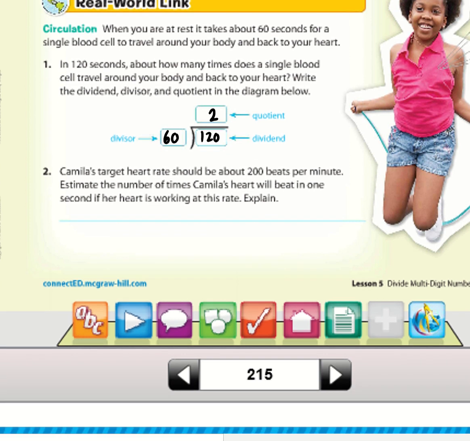Camila's target heart rate should be about 200 beats per minute. Estimate the number of times Camila's heart will beat in 1 second if her heart is working at this rate. So we're going to say about 3 beats.